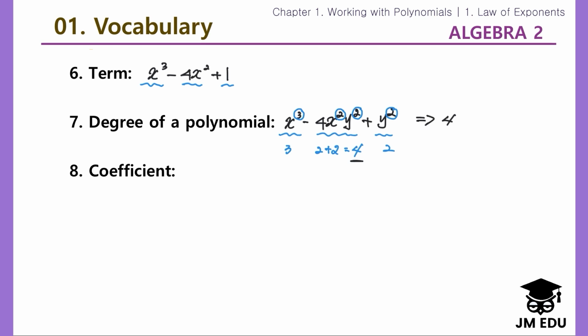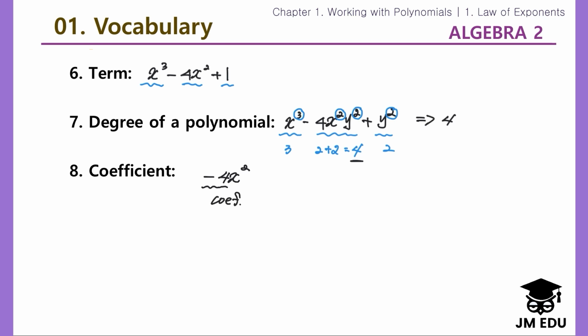Okay, number 8, coefficient. Coefficient is just the constant factor of each term. Let's say we have the term or monomial negative 4x squared. This negative 4 is our coefficient.